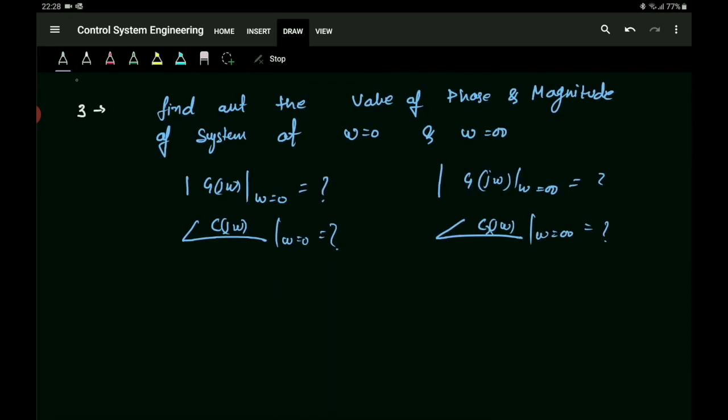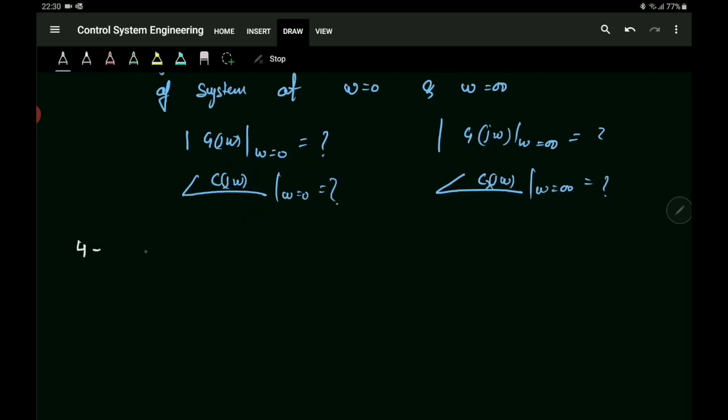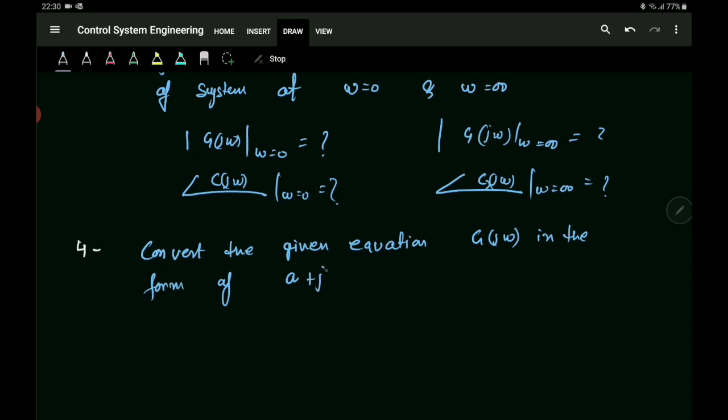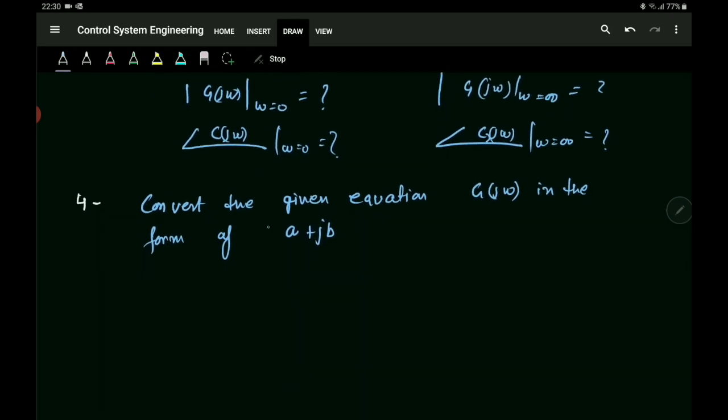The next, fourth step is to convert the given equation G(j omega) into the form a plus jb. So how do we do it?